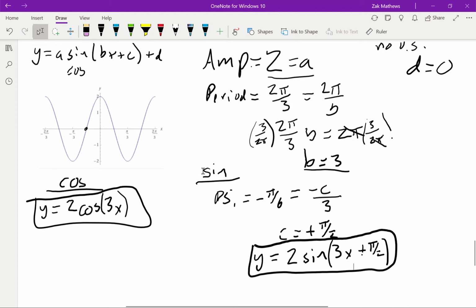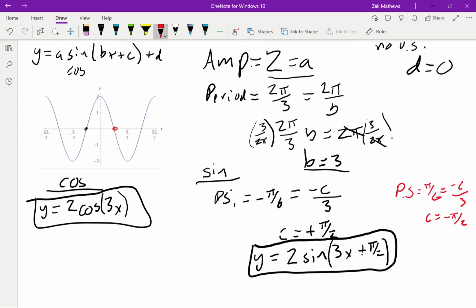Let's do this again, but this time I'm going to call this my phase shift, because sine just starts from a 0. It doesn't have to be going up first. We can treat it as a reflection with a phase shift. So here the phase shift was a positive pi over 6. And so this time when I solve for the c, I will really get the negative pi over 2.